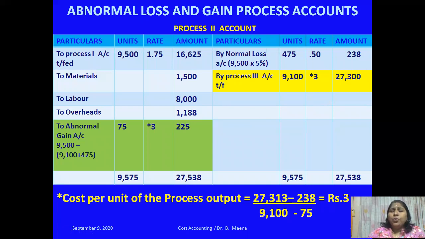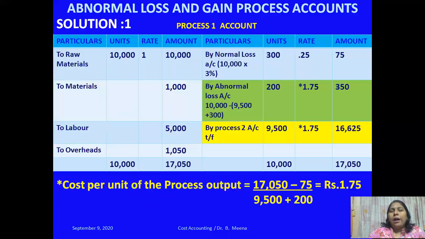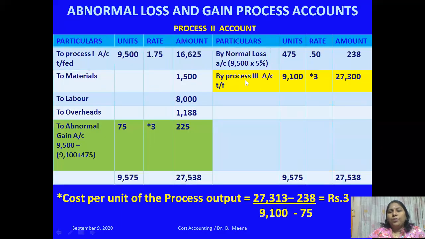Then I have to look into this problem. What is the output for process 2? That is 9,100 is given. I bring it over here, 9,100. Now, as per this process, we are getting an abnormal gain. How I calculated that we are getting abnormal gain, just have an understanding from my explanation. 9,500 is the input I am giving, right?